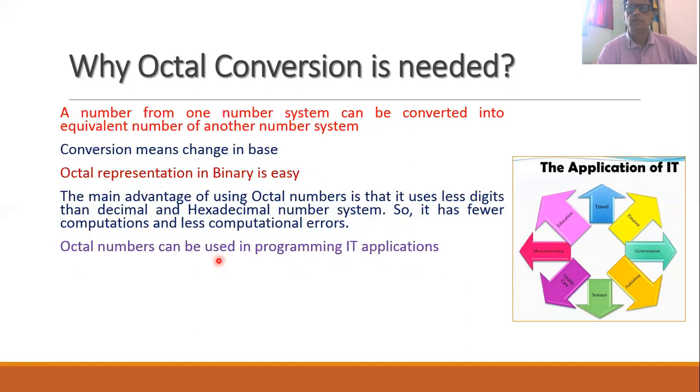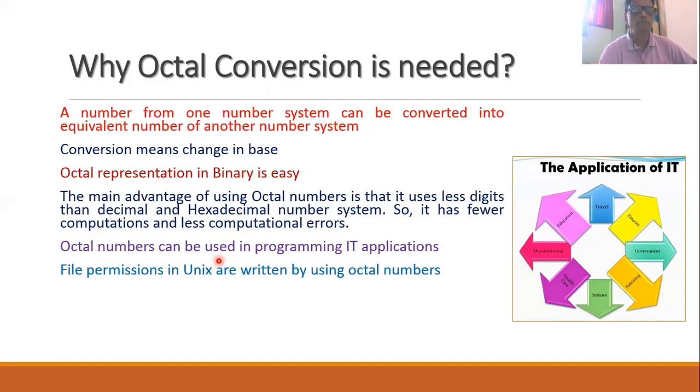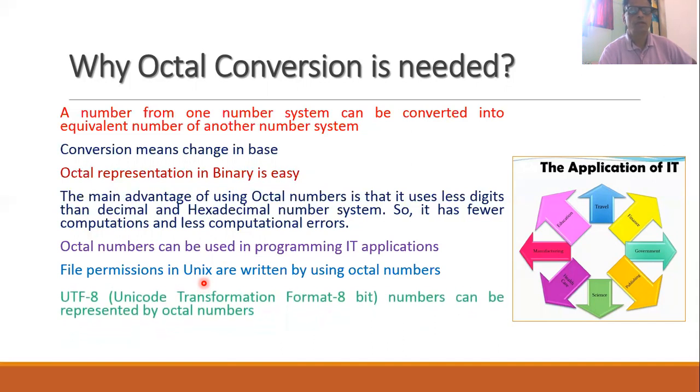So the octal number system can be used whenever you write any IT application, or whenever you write a program using a programming language like C, you can use octal numbers within your program. In Unix, the file permissions are written using only octal numbers.